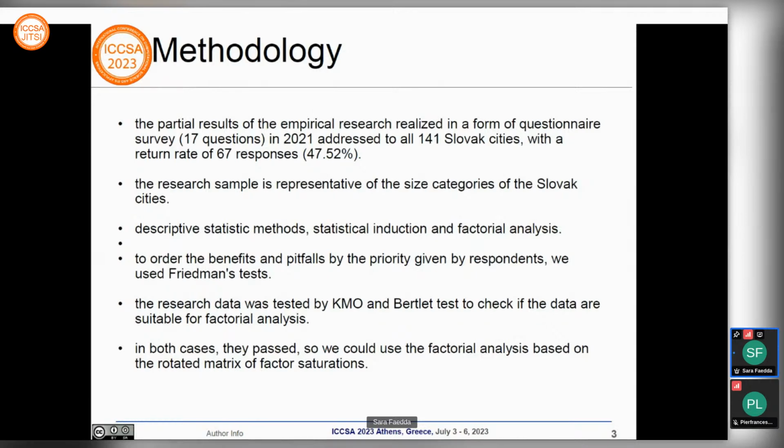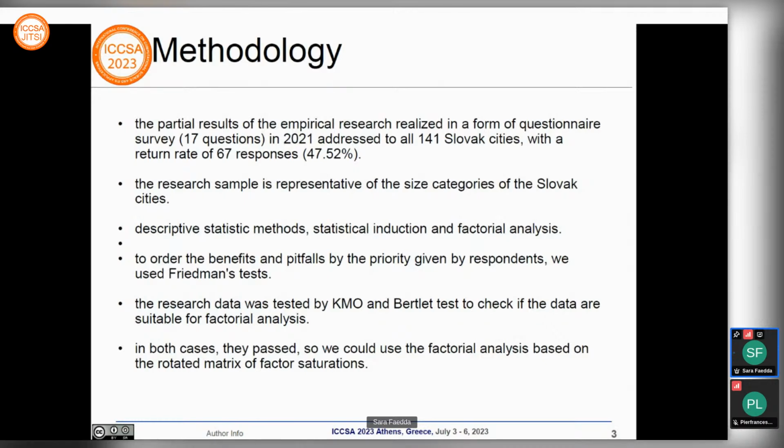The responses should have covered all Slovak cities, but the return of responses was just around 50%, so it is 67 responses. But I have to say that the research sample is representative by the size categories of the Slovak cities. So we can say that the research results can be used as a generalization of the situation. As I said, we use factorial analysis as the main tool, but we also use some other basic descriptive statistics methods, statistical induction. And based on them, we identify these benefits and pitfalls.